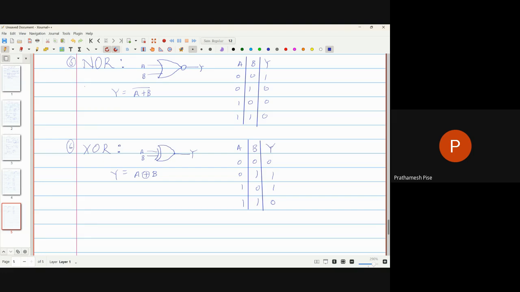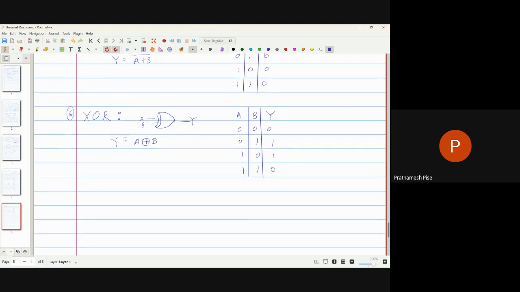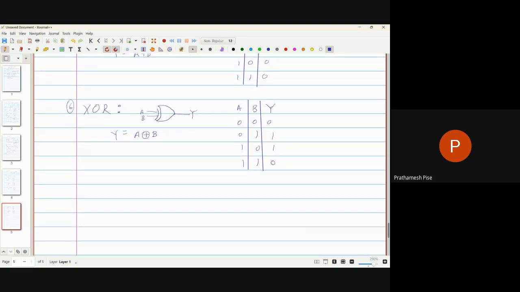Okay, sir. So the controversy about XOR and XNOR. Definition wise, XNOR should be the complement of XOR, right? Yes, sir. But in practice, the XNOR gate is not much used and it's not properly defined as well.